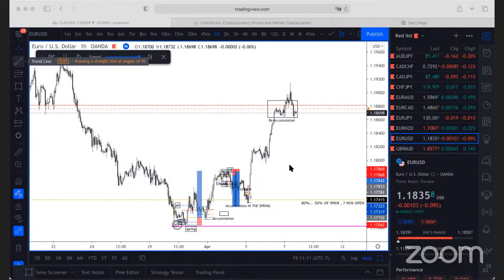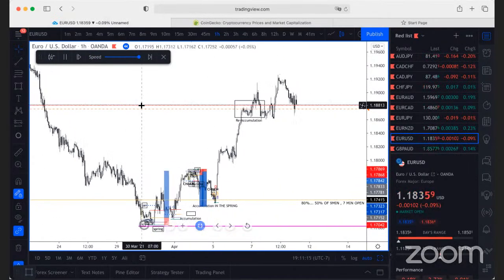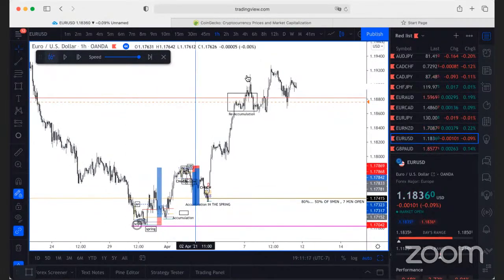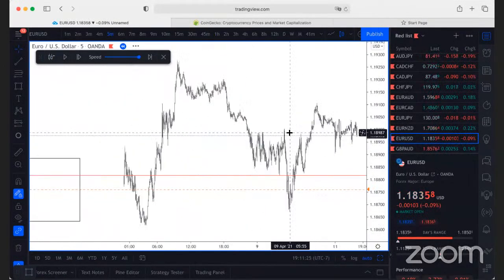April 7th is where we're going to be looking. Oh, sheesh. All right, perfect. So we can scale down here. We can scale down and look at ultimately what we're getting.